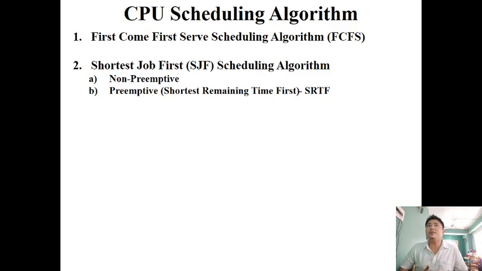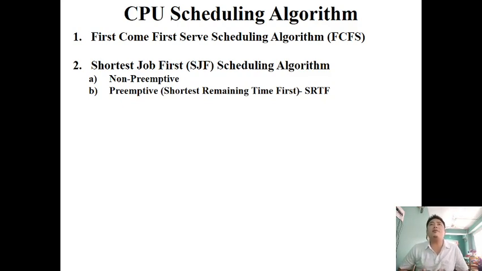Preemptive and non-preemptive can be applied to any scheduling algorithm. However, there are some restrictions. For example, FCFS is an exclusively non-preemptive CPU scheduling algorithm, whereas shortest job first has two versions, preemptive and non-preemptive.